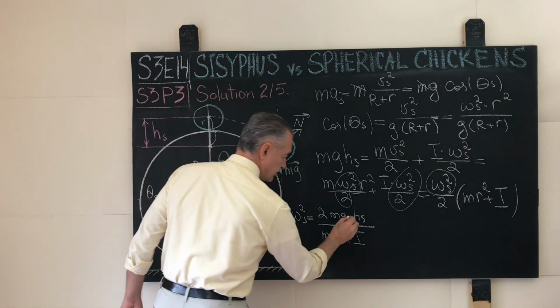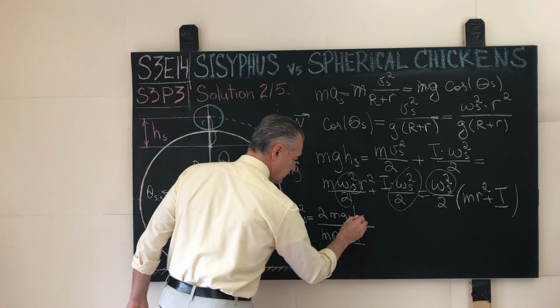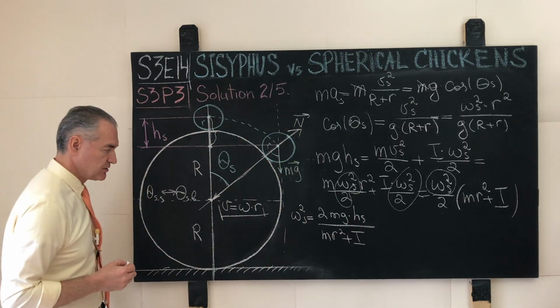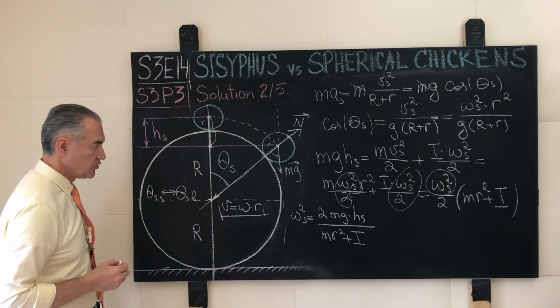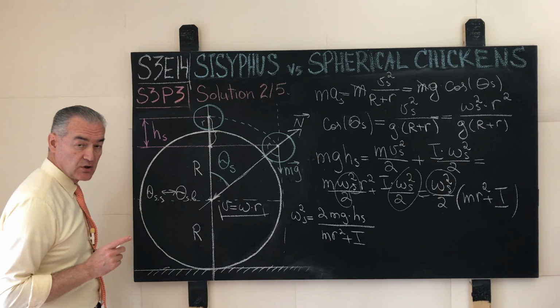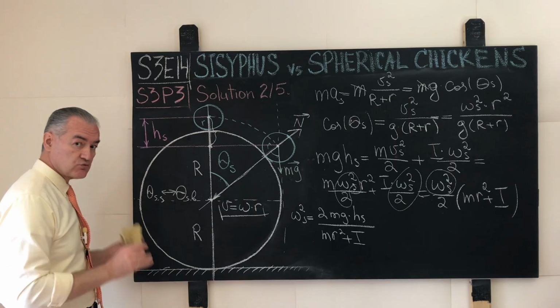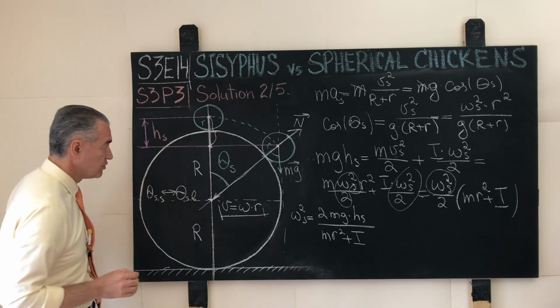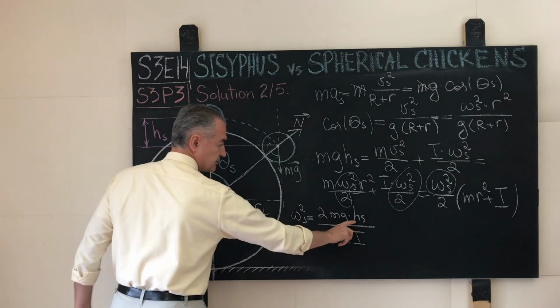We have the unknown quantity, the separation height h_s, but that separation height can be recovered from the pure geometry of the problem. No physics, pure mathematics, if you will. What is this separation height?